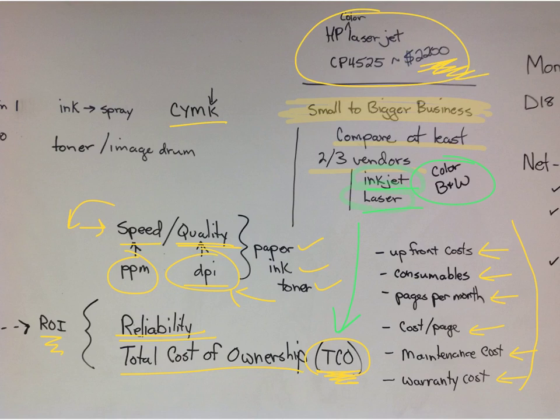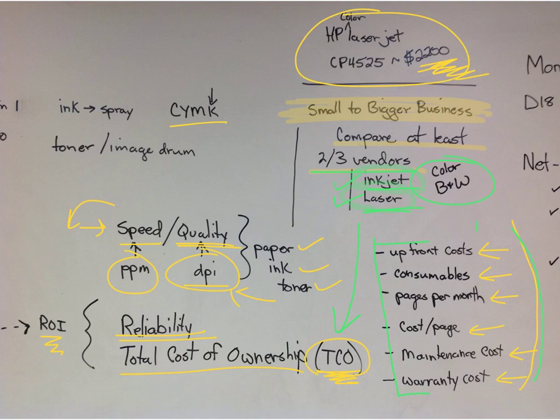So you're going to do some research, look at these items down here, and you're going to come up with some examples of 2 or 3 different vendors for inkjet and laser printers.